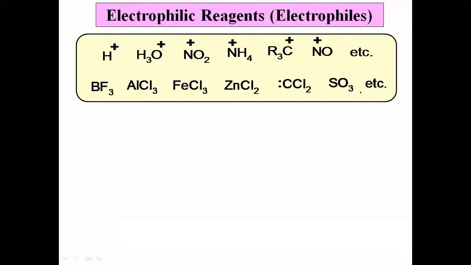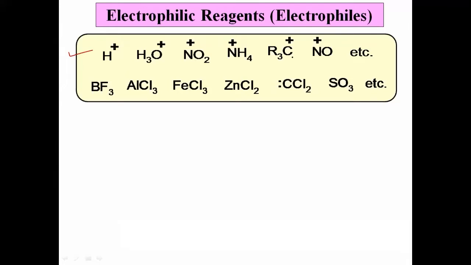Okay, now what is the property of those examples? In the first line, we have written some positively charged ions. They are positively charged ions, they have positive charge.